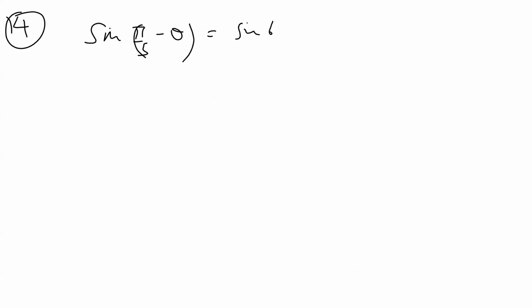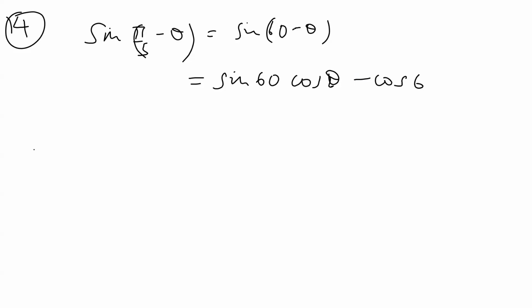Question number 14. There are many terms. I'll solve each term separately. Sin pi by 3 minus theta, sin 60 minus theta. Sin 60 cos theta minus cos 60 sin theta, root 3 by 2 cos theta minus half sin theta.